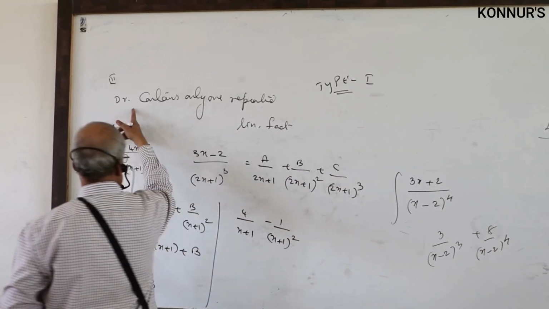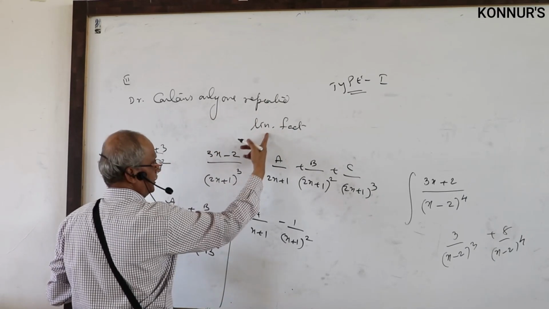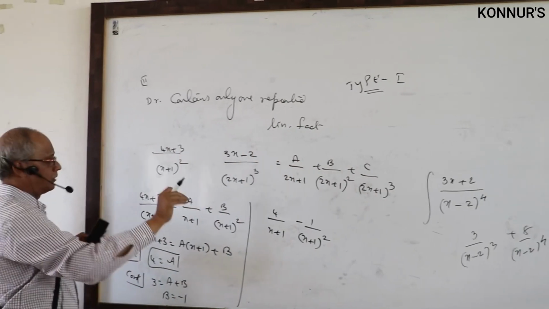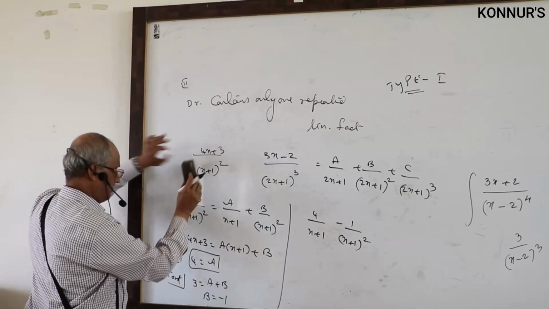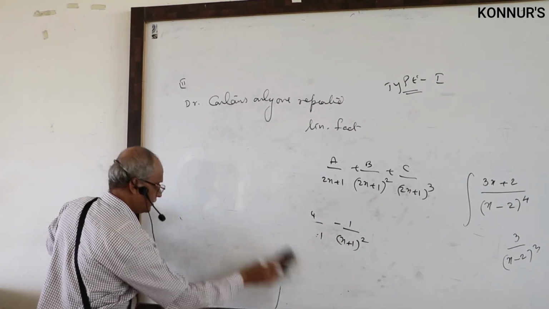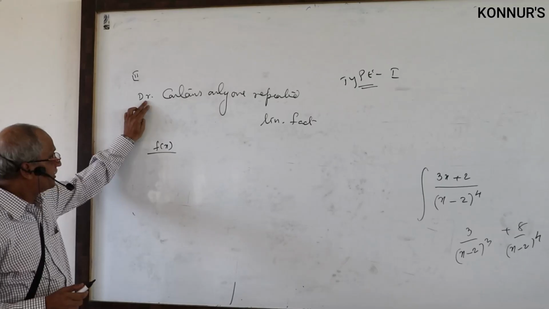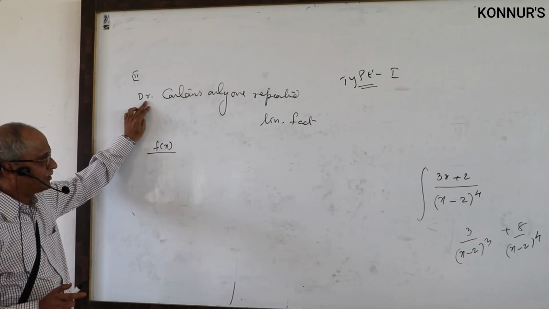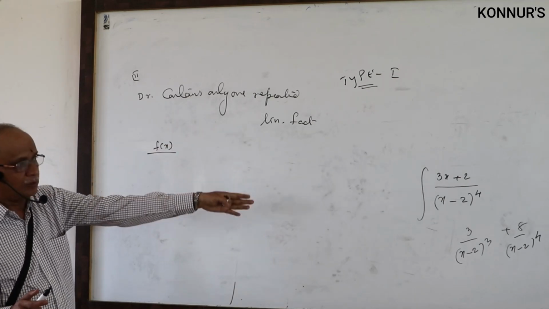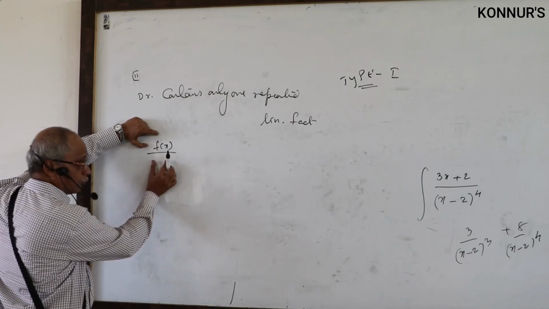If the denominator contains only one repeated linear factor, how will you remember as a general rule? I will give you now. You can keep that idea, or else note this in your list of formulas as per synopsis. For this type 3, based on all the above examples, you can have one formula also, a general rule.